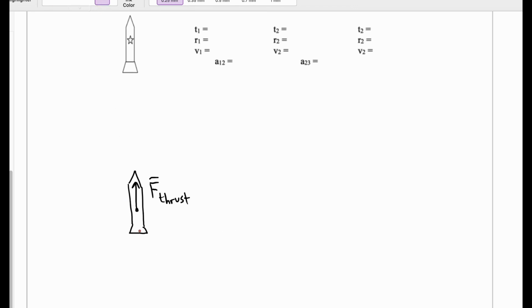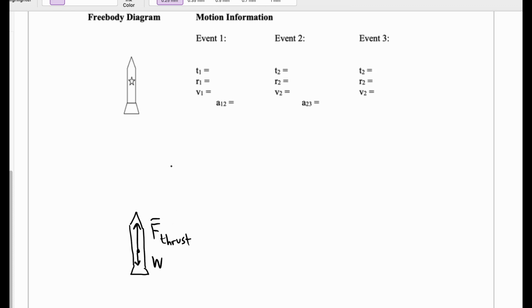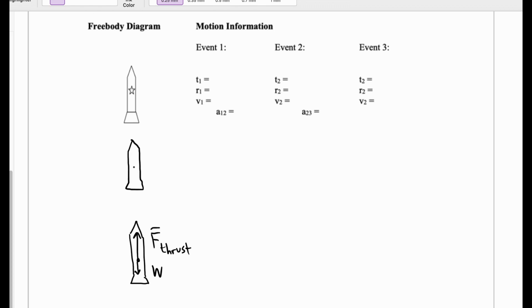Now, not only does it have that, but it also has its own weight too. We've got to take that into account. Now, at some point, the force stops. Once the force stops, the thing is only going to feel its own weight at that point. Let's say the thrust ends.